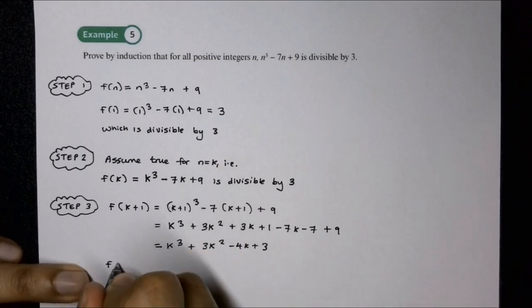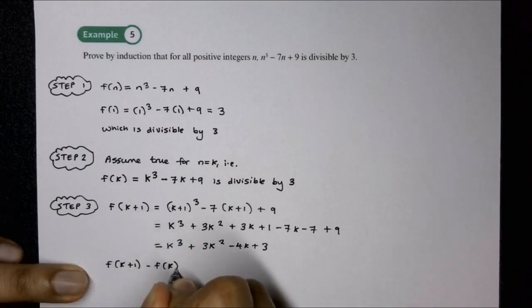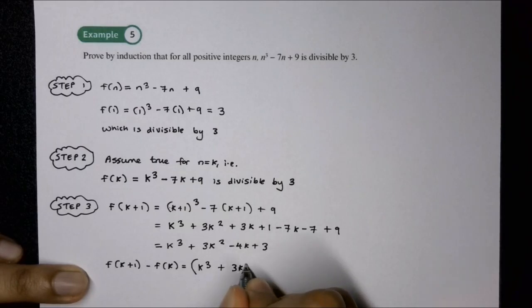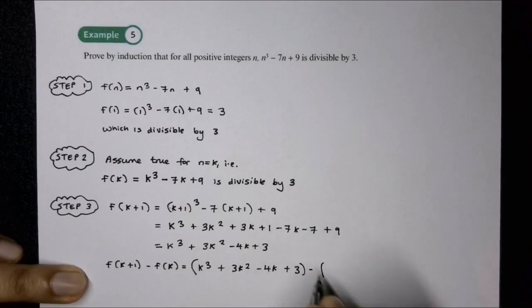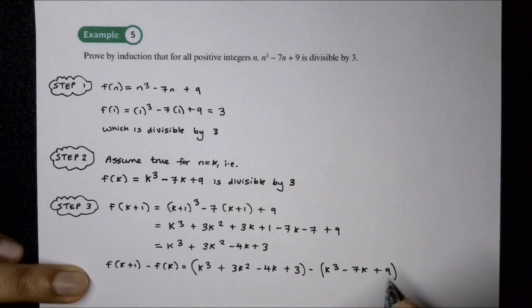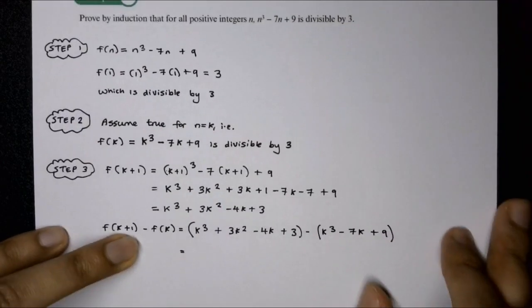So f of k plus 1 minus f of k, we've got f of k plus 1, I'll put all this in a bracket, we've got k cubed plus 3k squared minus 4k plus 3, and then we've got f of k, which is k cubed minus 7k plus 9. So if we tidy all of this up, well, we've got k cubed minus k cubed, that's 0k cubed.